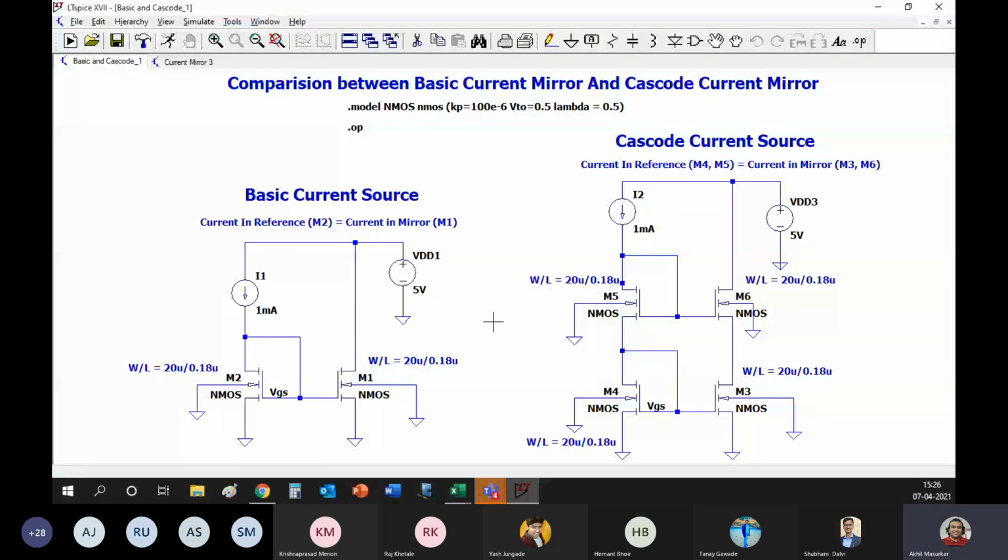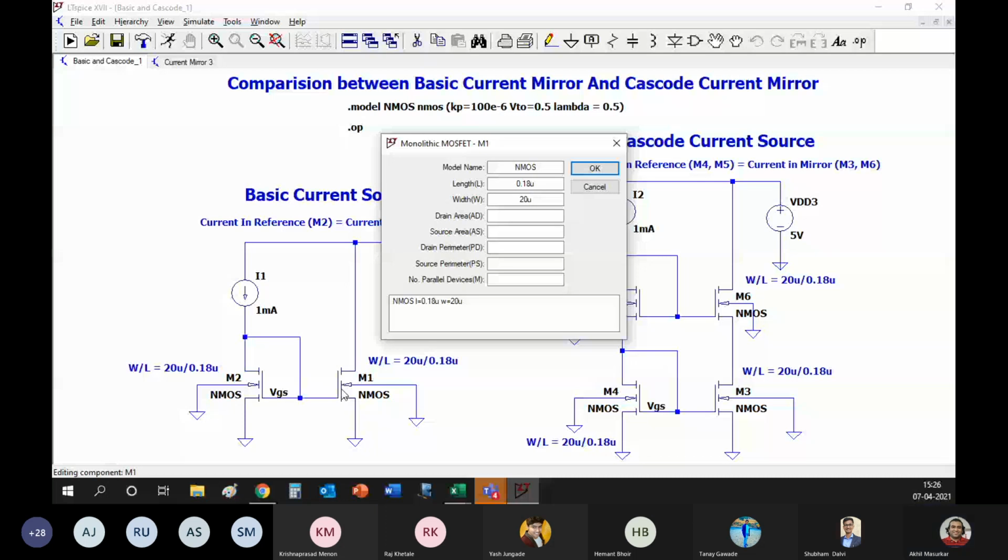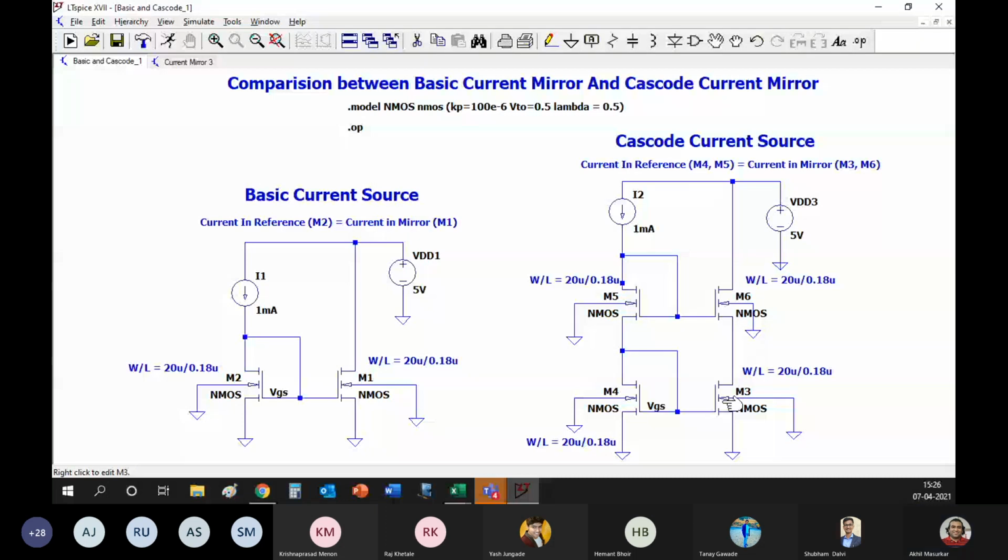And in this circuit, now what I'll do is, instead of 20 in the mirror, I'll make it 40, and even in M3 and M6 I will make it 40.